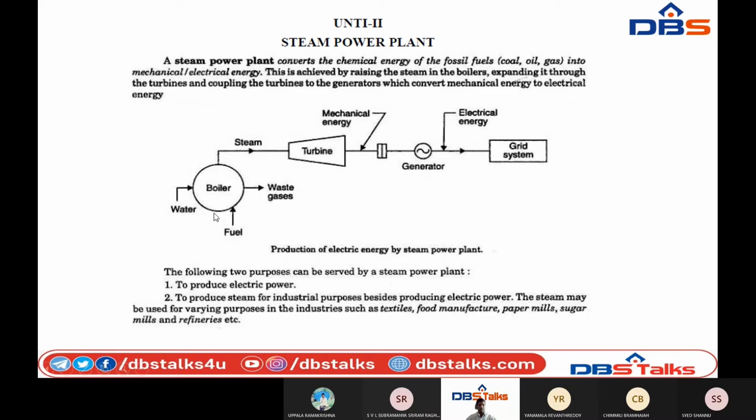After that, steam is raised in the boiler, and the steam drives the turbine. The turbine is coupled with the generator, so the generator starts running. The mechanical energy is converted into electrical energy by the generator, and then it is supplied to the grid system. This is the principle of a steam power plant.